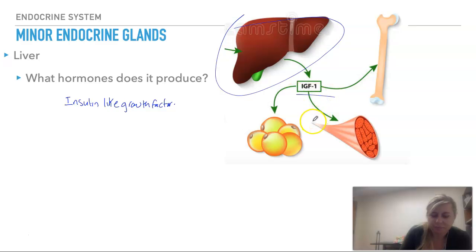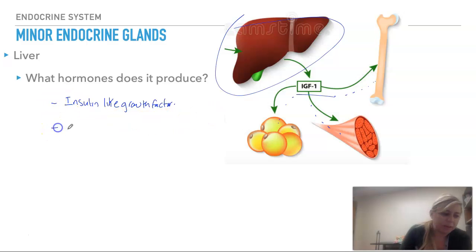And it has targets on fat cells and skeletal muscle and bone. And so it has an effect that regulates the growth of different areas of our body, like the growth of our skeletal muscle.